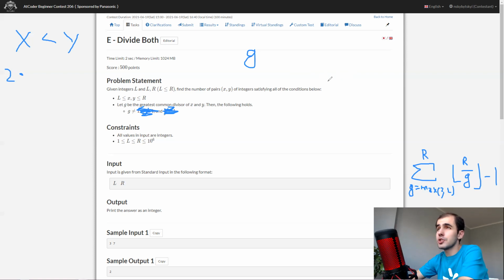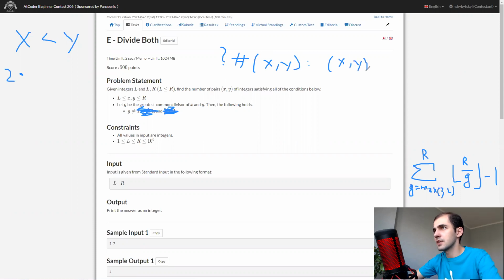We can't unfortunately answer this question directly. So the question is how many pairs xy there are in this range such that their GCD is equal to g. Unfortunately, I don't know a quick answer to this question.